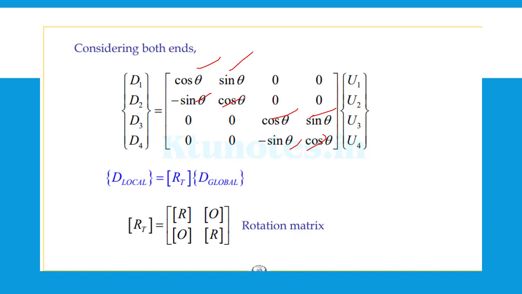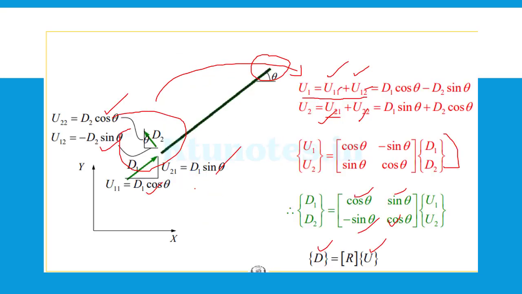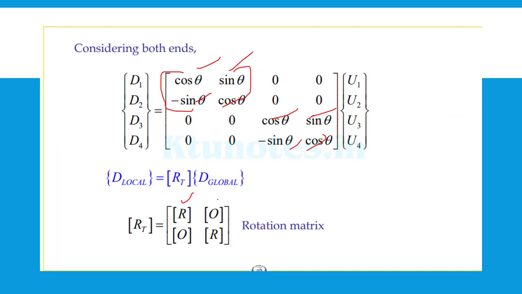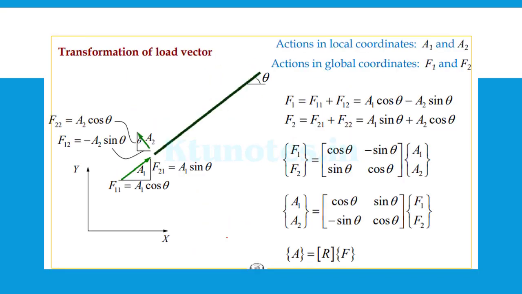We are making this one a single matrix called the r. Okay, r is here, and a zero matrix, null matrix, and the r matrix will be the rotation matrix, which will connect the local displacement with the global displacement.